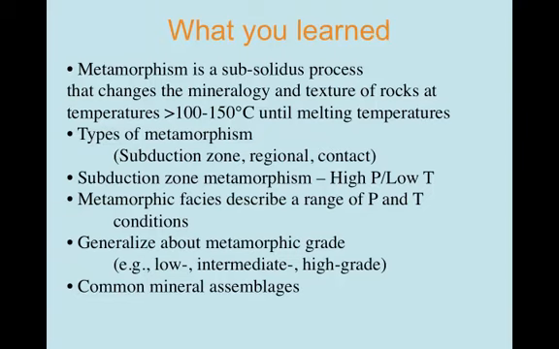The metamorphic facies describe a range of pressure and temperature conditions where you expect to see certain mineralogic changes. You can generalize about the metamorphic grade of a rock by saying it's a low, intermediate, or high grade rock. Depending on your protolith, you expect to see certain mineral assemblages depending on the pressure temperature conditions for the rocks. In the case of blueschist and eclogite, the diagnostic minerals are glaucophane for blueschist and omphacite and garnet for eclogite.